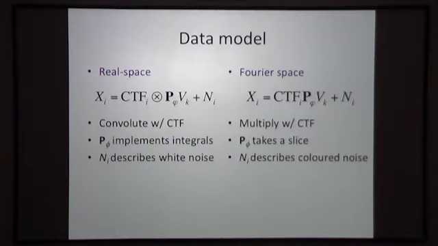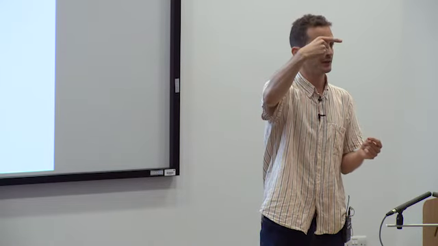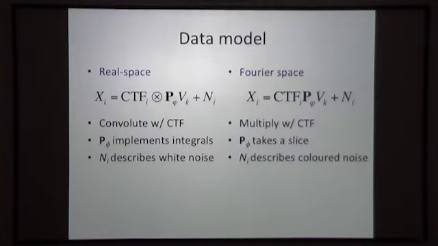So if we compare real space and Fourier space, this is a recapitulation perhaps of what Paula already told us. In real space, we have these effects of the CTF, and these effects become a convolution with the image. So the point spread function is what Paula spoke about, where each point in the original image gets spread out over multiple points, and that is a mathematically expensive operation to do all the time.